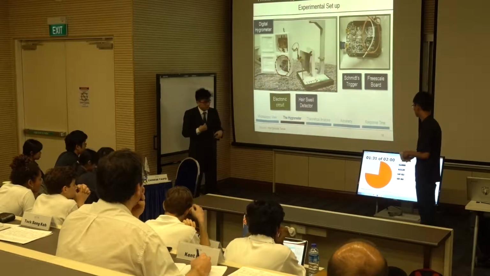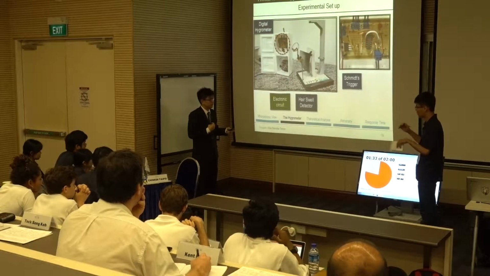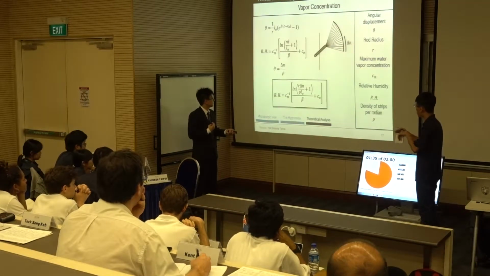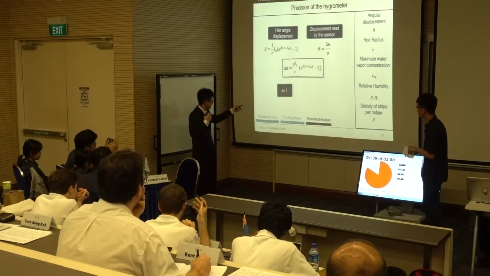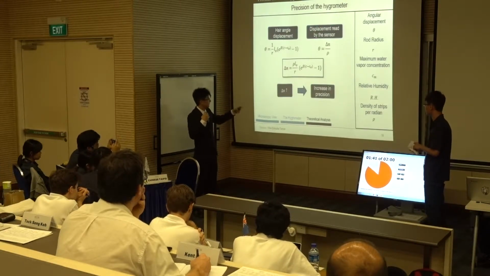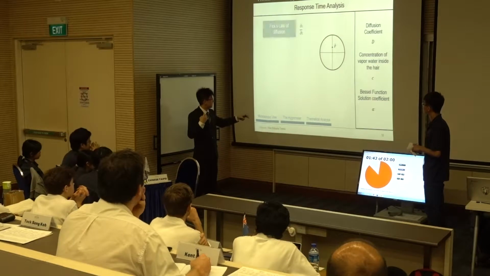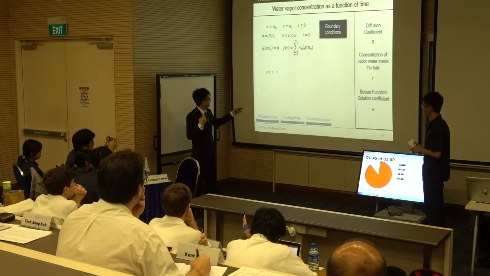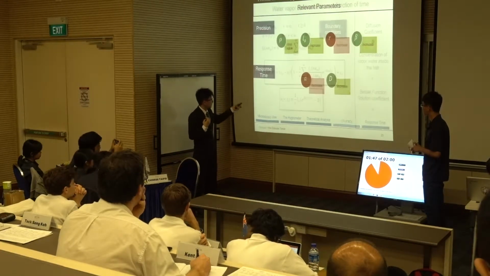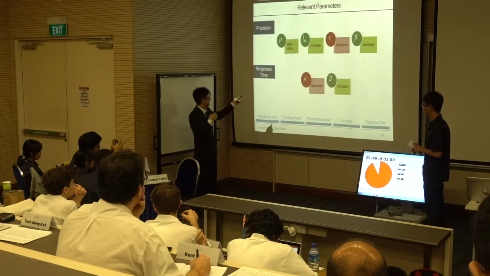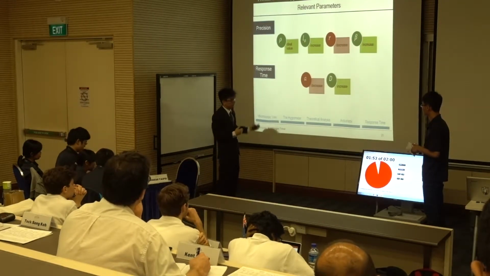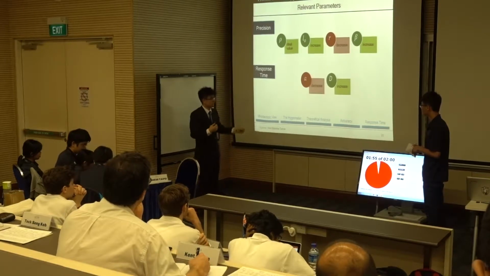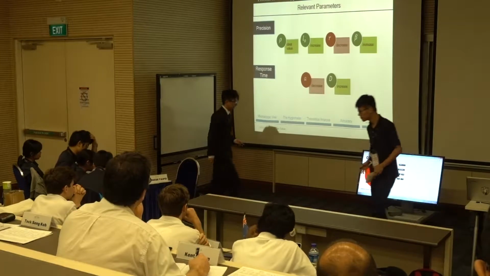Could you explain in your function how the parameters will affect the accuracy and the response time? Yes. Here's the formula, and then the next slide, going to slide 21, I think. Here we've listed all the relevant parameters. In the basis we used our formulas, and then we listed our relevant parameters to try to optimize our conditions. Thank you.